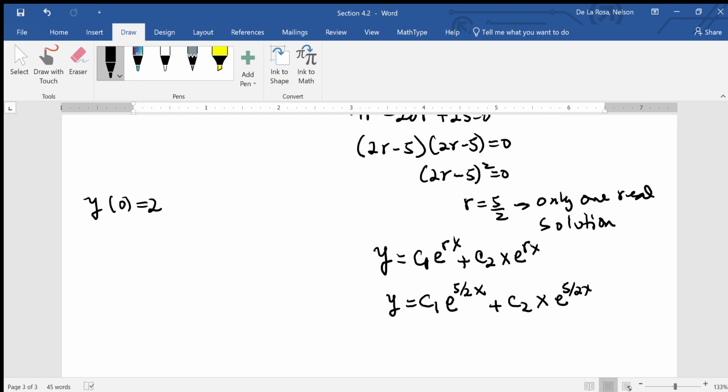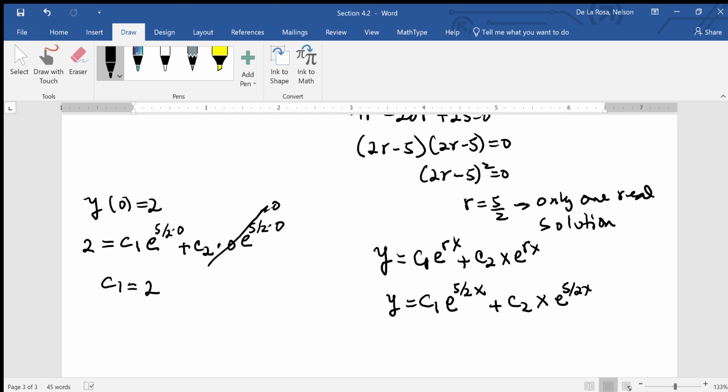Then that means that 2 equals c1 e to 5 over 2 times 0 plus c2 times 0 times e to 5 over 2 times 0. Here we conclude that this term is going to be 0, so c1 is equal to 2.